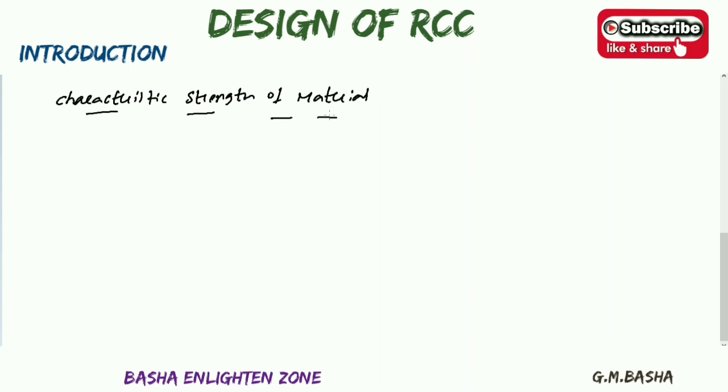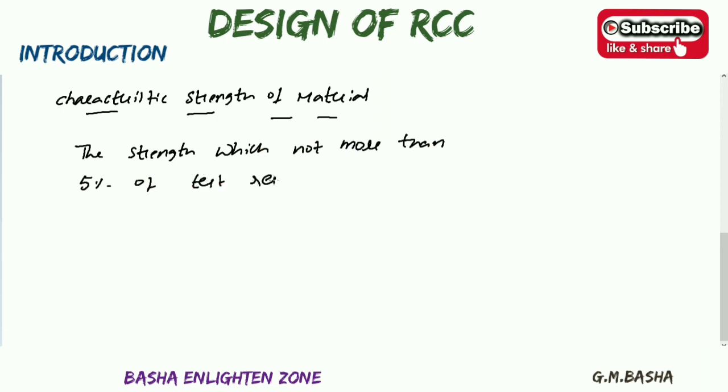So the strength which not more than 5% of test results are expected to fall below. Here in the same way I will show you that format also in the graph.